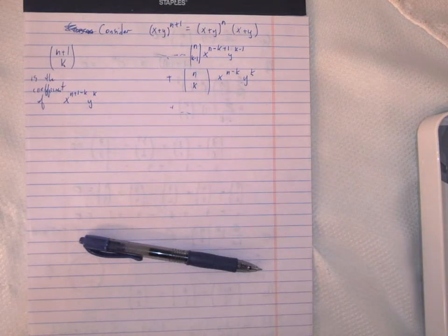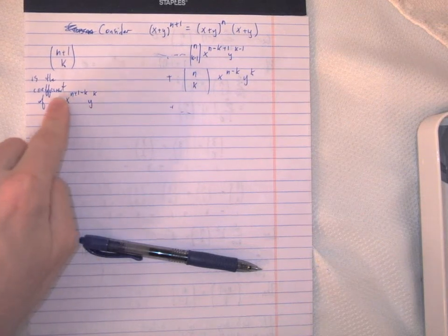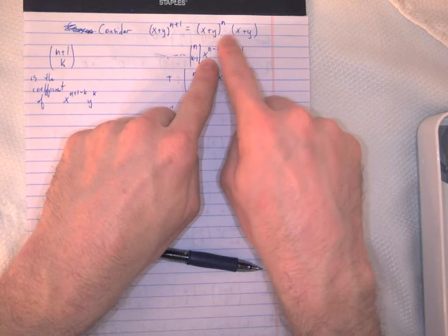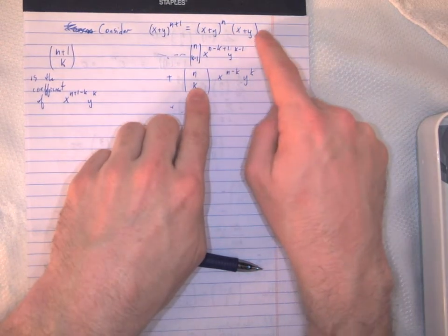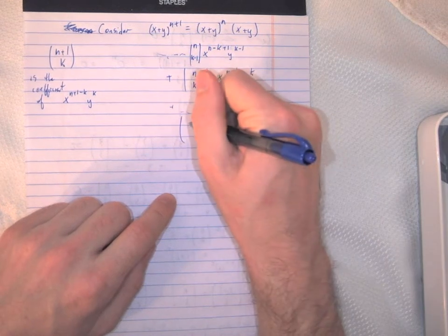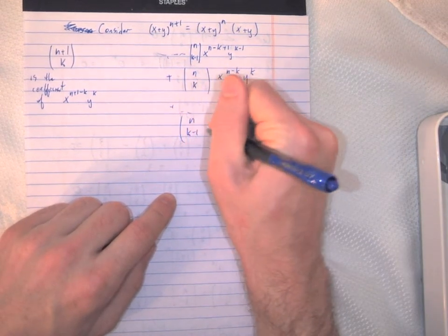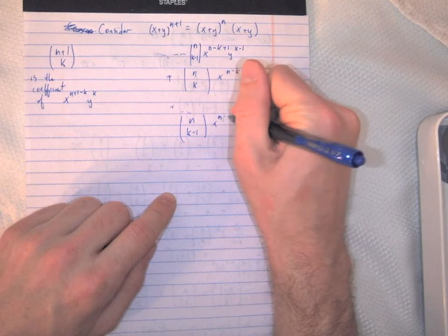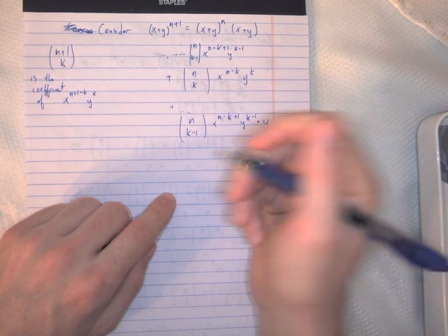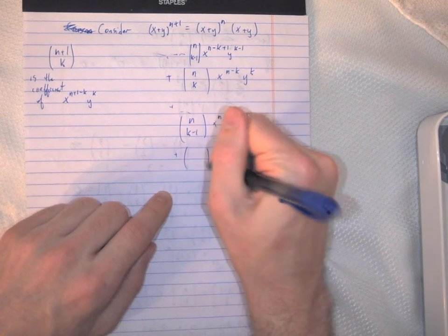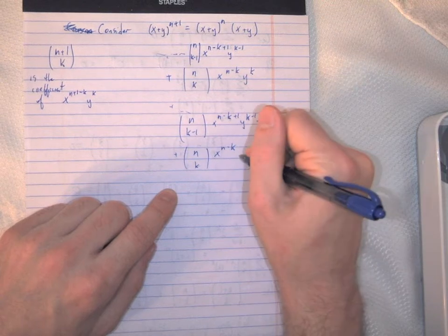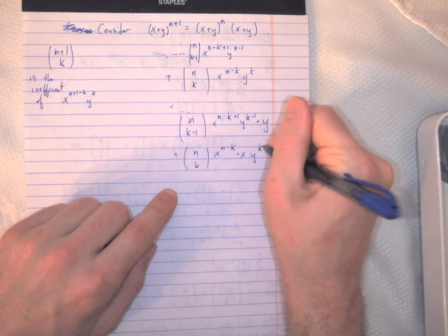So the only ways that I can possibly get monomials of this form are either taking this thing and multiplying it by x, or taking this thing and multiplying it by y. And then the total number of those are exactly going to be n choose k minus 1, x to the n minus k plus 1, y to the k minus 1 times y, and then plus n choose k times x to the n minus k times x, y to the k, right?